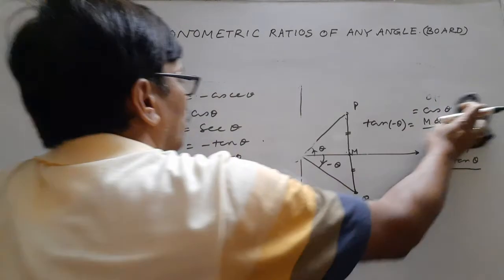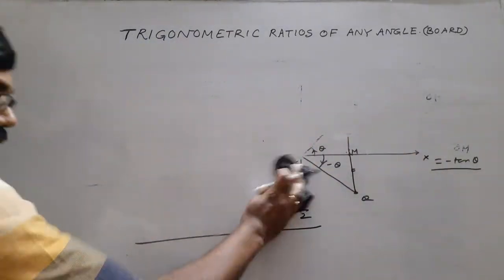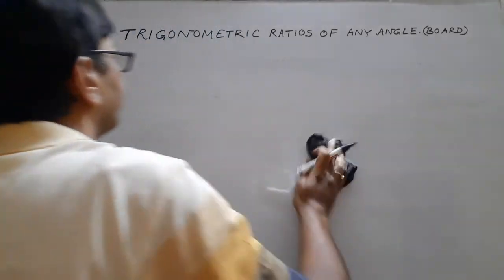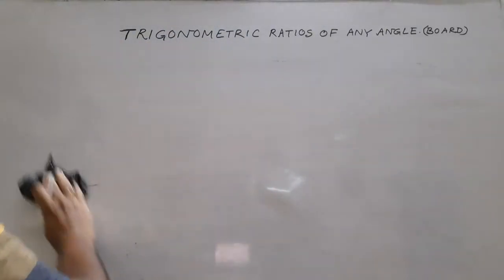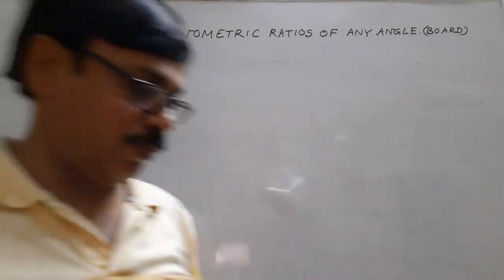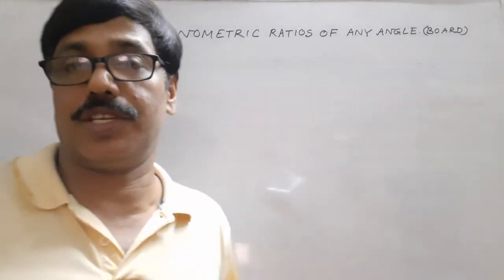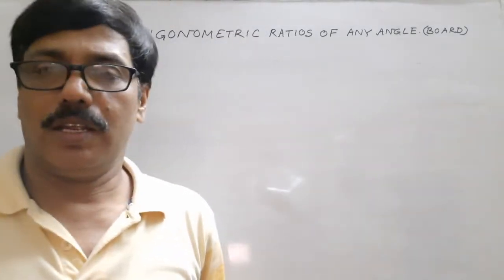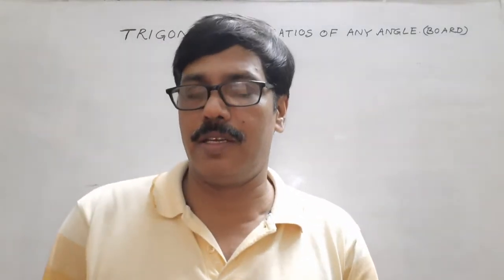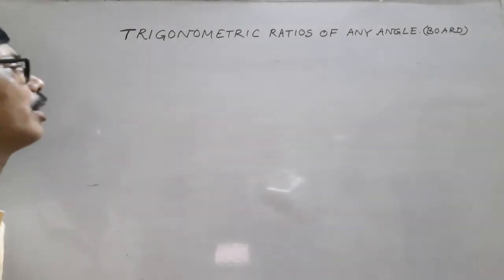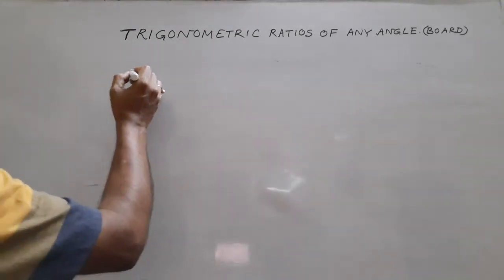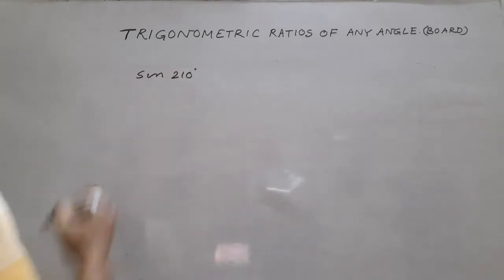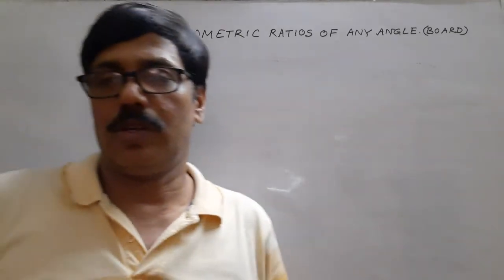Now, number 4: trigonometric ratios of any angle, for angles greater than 90. Now suppose sine 210 degrees.